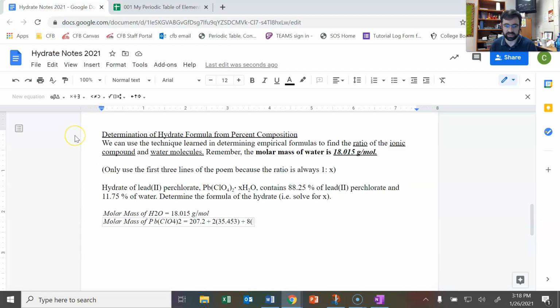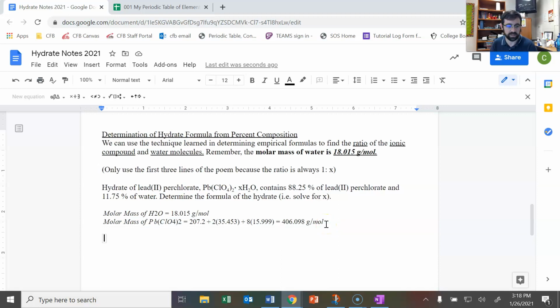If you haven't memorized it, that's okay. And then we add those up. I've already done that math for you, so the molar mass of lead 2 perchlorate is 406.098 grams per mole.